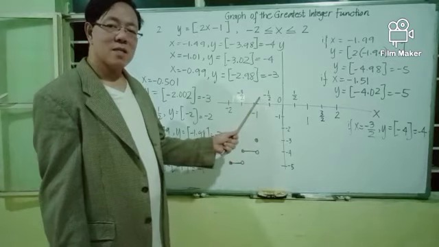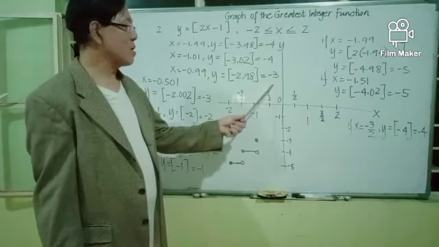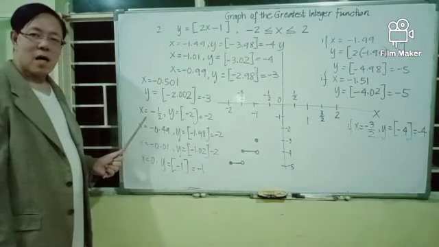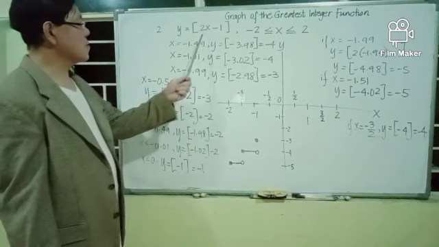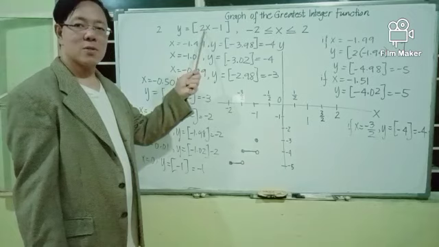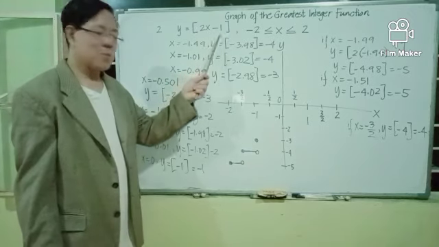But when x is negative 1 half, the value of y is not negative 3. If x equals negative 1 half, you substitute negative 1 half for x. 2 times negative 1 half is negative 1. Minus 1 is negative 2.